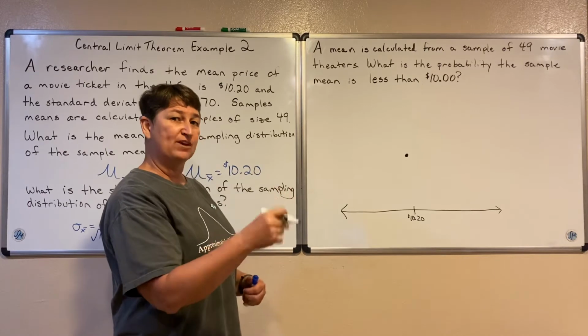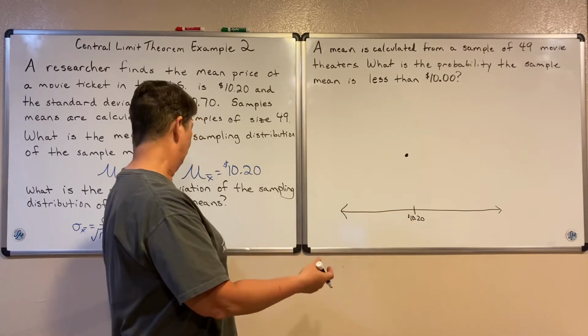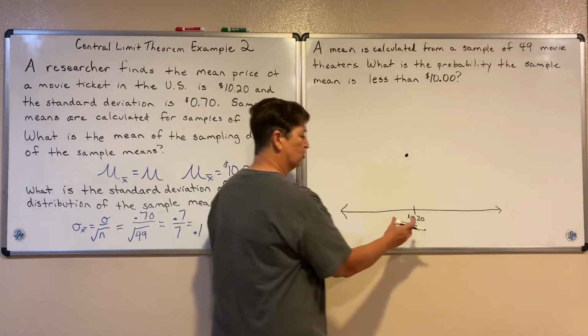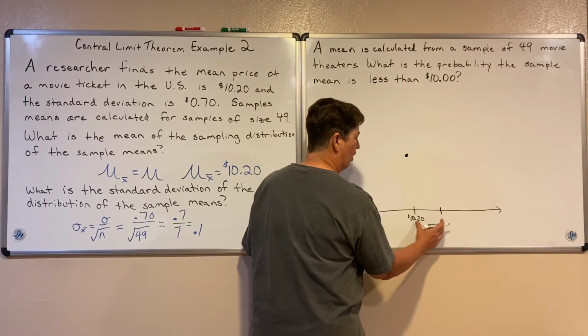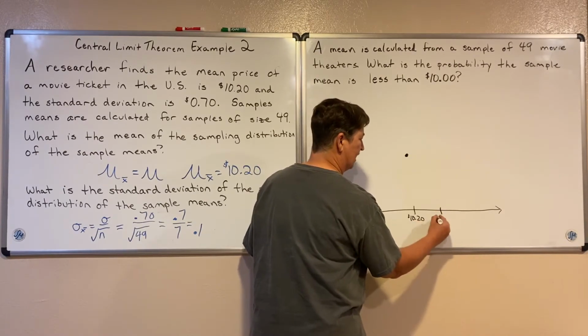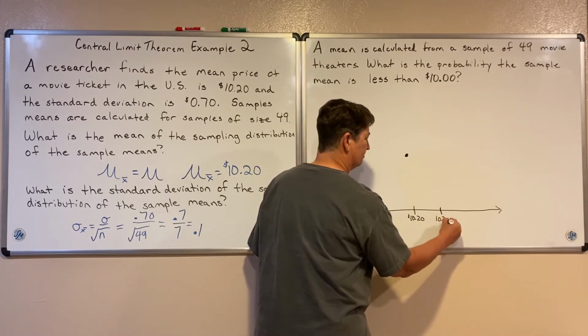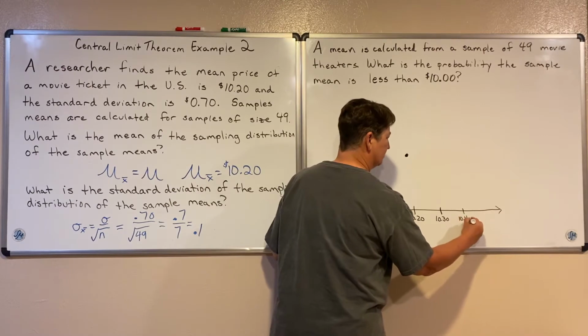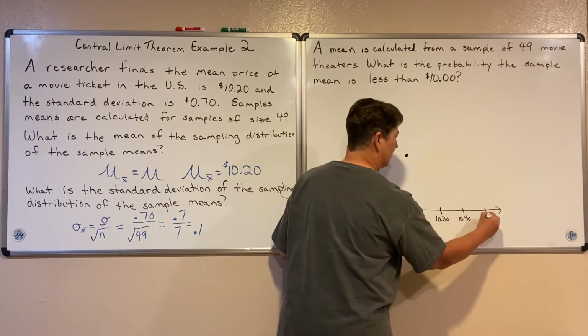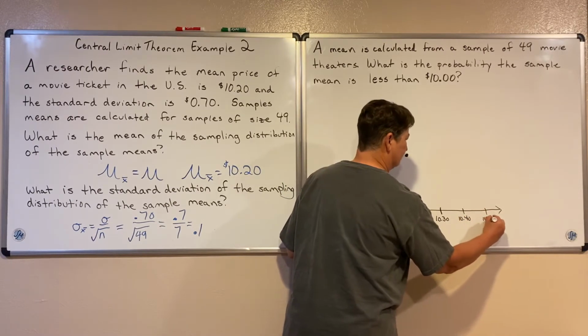Then the standard deviation is 10 cents or 1/10. So we're just going to count by that standard deviation. So I'm going to go up one standard deviation and I'm at $10.30. Count another standard deviation, I'm at $10.40. Count another standard deviation and I'm at $10.50.